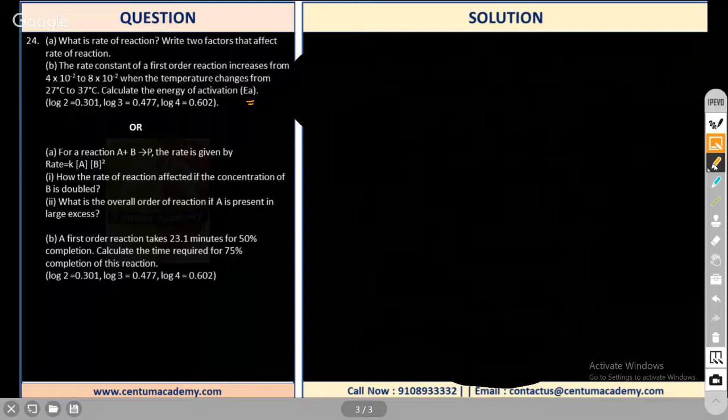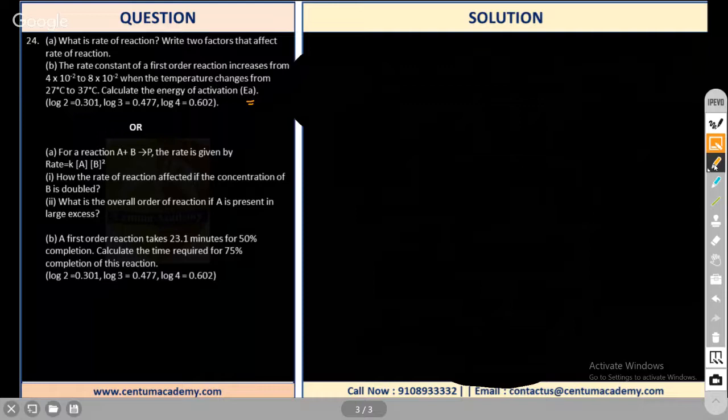Actually, if one of the reactants is present in excess, then a small change in that particular reactant will not affect the overall order of the reaction, since it is present in large amount.